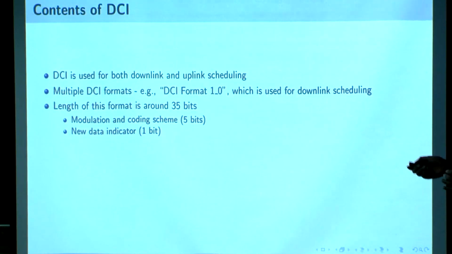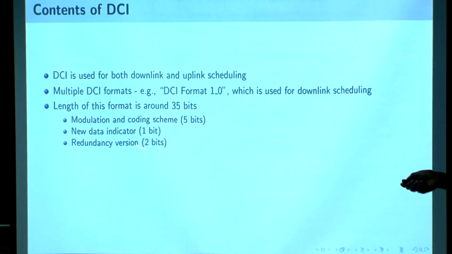The base station explicitly indicates to the user whether it is a fresh transmission or a retransmission, to enable hybrid ARQ. Then which redundancy version is being transmitted: again 2 bits, because there are 4 different redundancy versions.